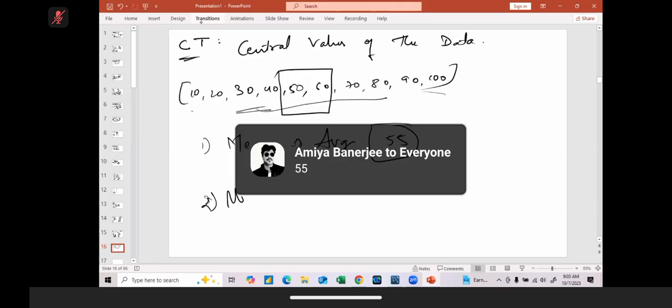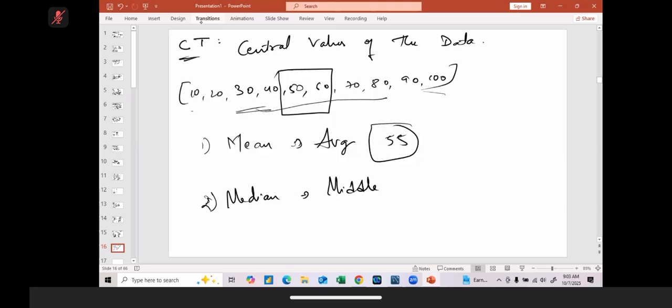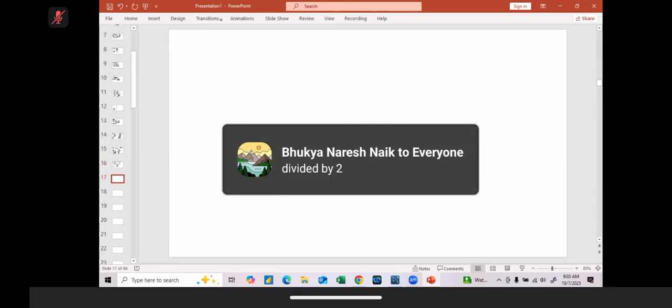Next, median. Middle value. What is middle value? How many values do we have? 4, 5, 6, 7, 8, 10 values. We have 10 values, an even number of values. In median, there are two scenarios: one is an even number of points and one is an odd number of points.